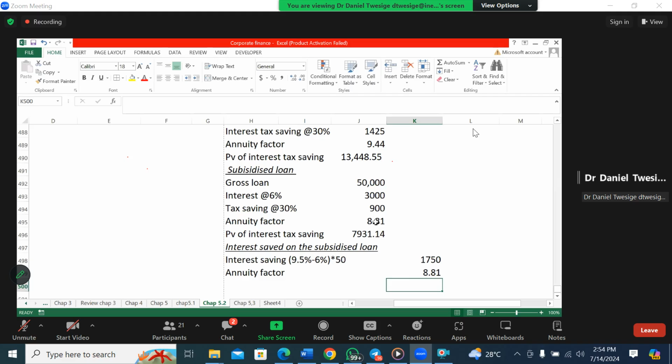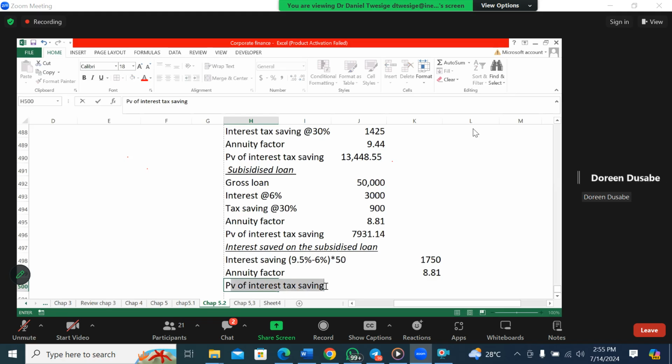We are saving the interest for 20 years, not 25. That's how I interpret it, but you can also cross-check and verify my interpretation. So the present value of interest saved is 175 only, not 1750.